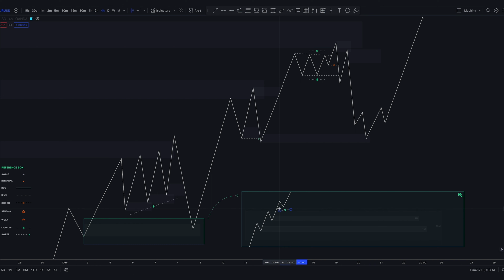Because we have this area here that before it didn't mitigate it, all the way down here, and it created this inducement for this area, okay? But let's say these move a little higher, okay? Because this price is kind of far away from here, we are not very sure that this is an inducement because price already moved a lot.